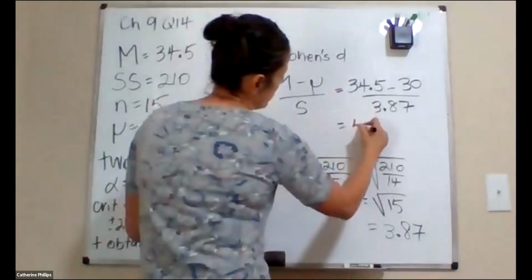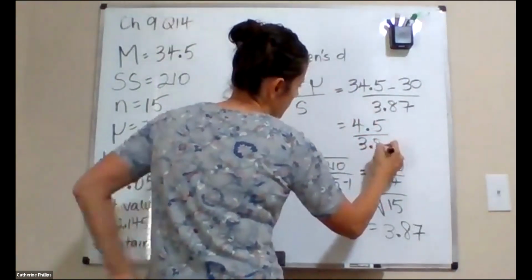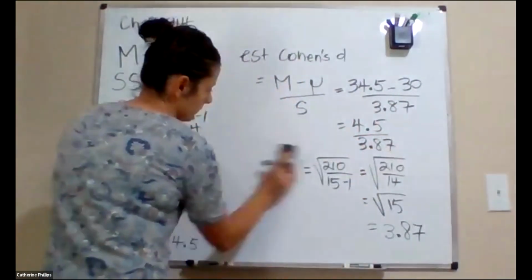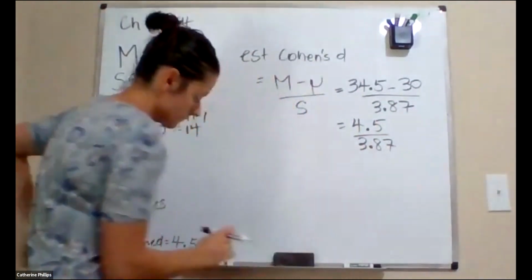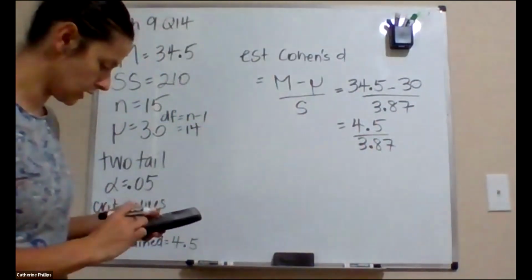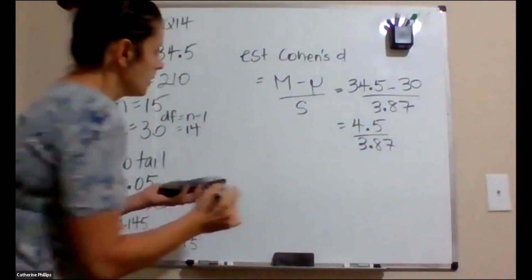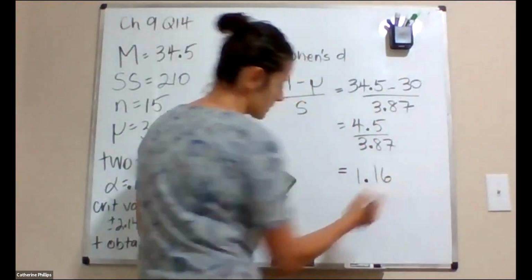So that gives us 4.5 divided by 3.87. Divided by 3.87 is 1.16.